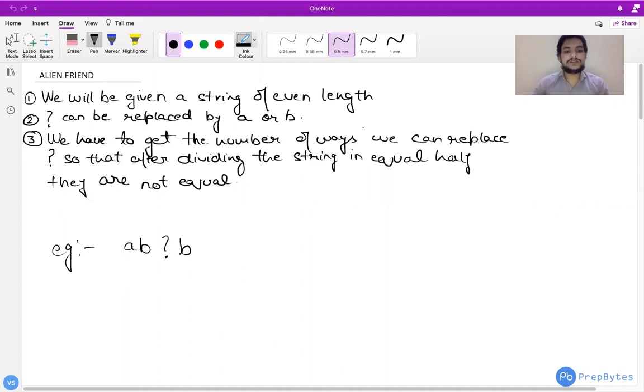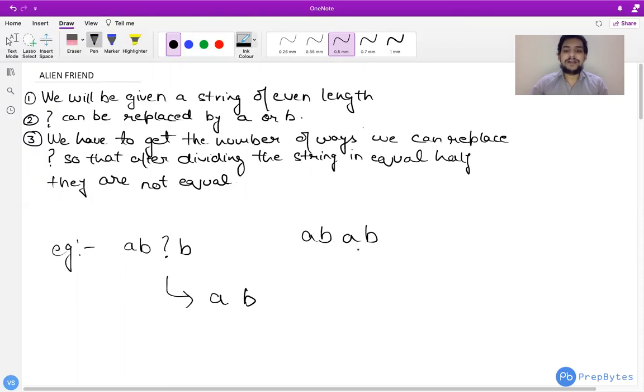Now let's look at this example. In this example, this string is transmitted, and there is one question mark. We can replace it either with A or with B. If we replace it with A, the string will be ABAB.